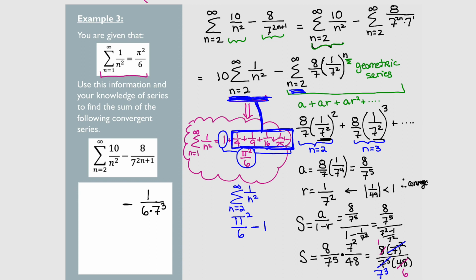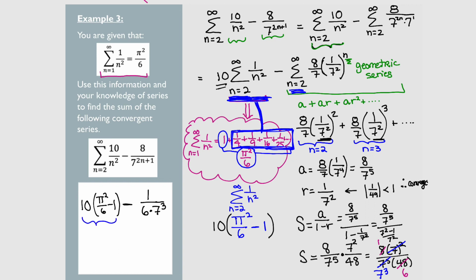Now, don't forget that factor of 10 in front. So 10 times pi squared over 6 minus 1 tells me the sum of that first piece in my series.